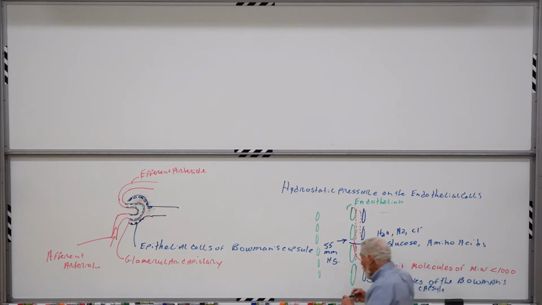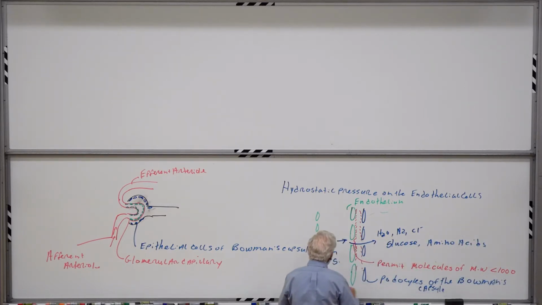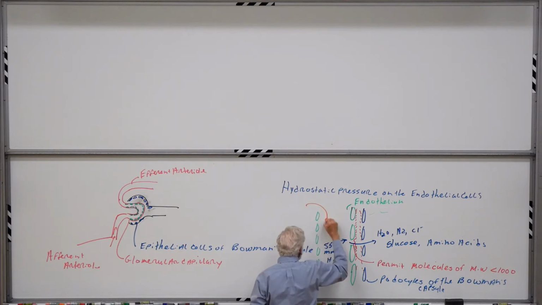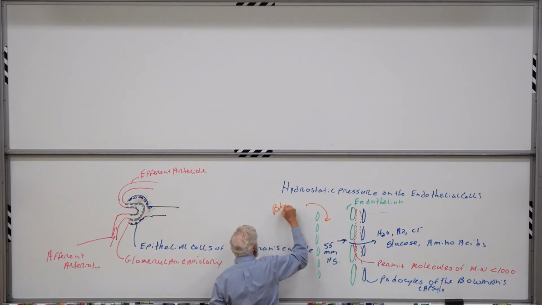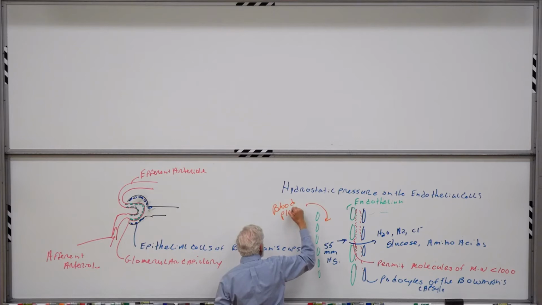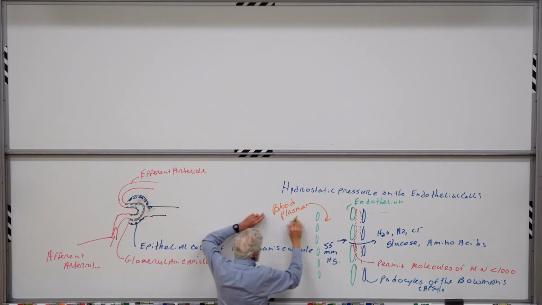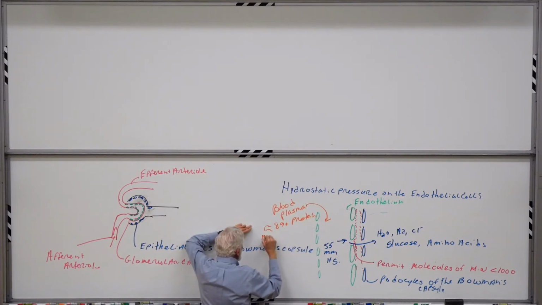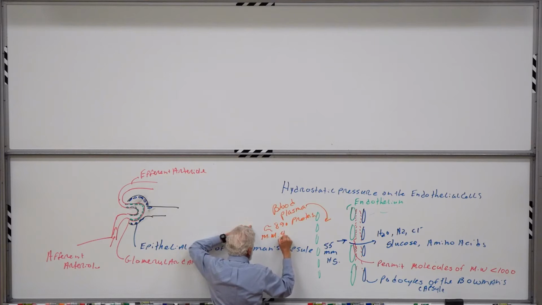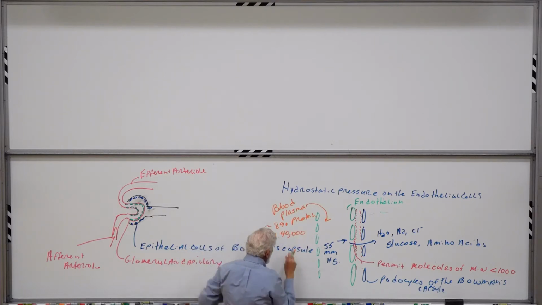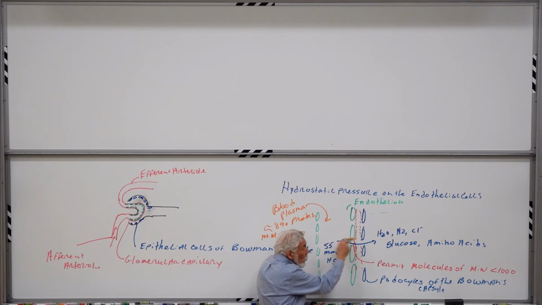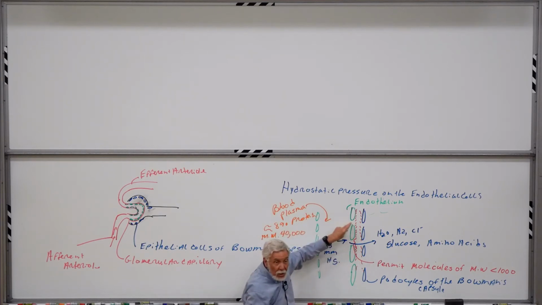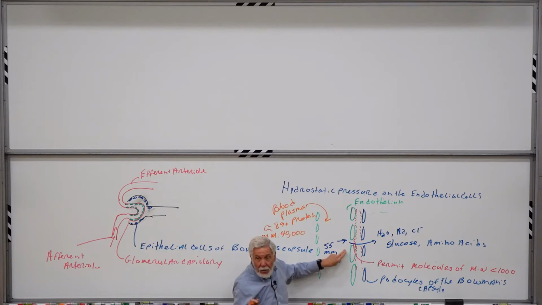But remember, one of the major components of blood is blood plasma. And we said that blood plasma was in the neighborhood of 8% protein. And typically, these proteins have a molecular weight of about 40,000. So they're 40 times too big to move through these narrow gaps separating the endothelial cells. So that means they're left behind.